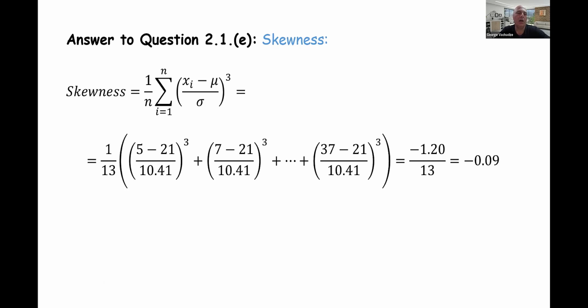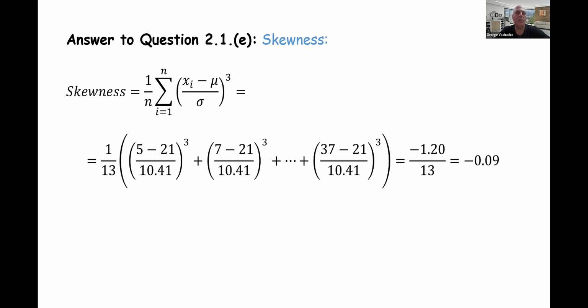So we find those standardized deviations, raise them to the power 3, sum them up, and divide the result by 13. We get negative 1.20 divided by 13, coming out to be negative 0.09.